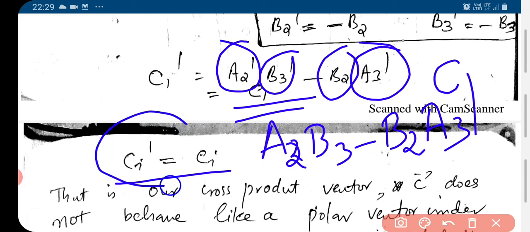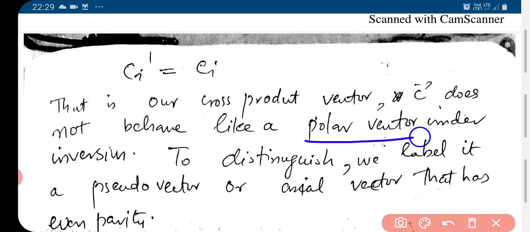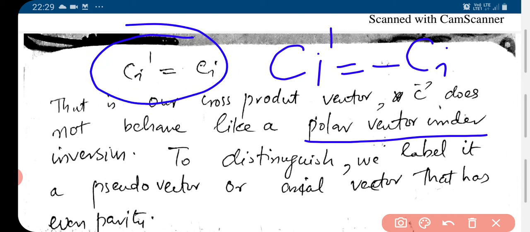So generally we can write Ci prime is equal to Ci. So our cross product vector C does not behave like a polar vector. If it were behaving like a polar vector, Ci prime should have been equal to minus Ci. What we are getting is Ci prime equal to Ci. Okay, so this is not behaving like a polar vector under inversion.